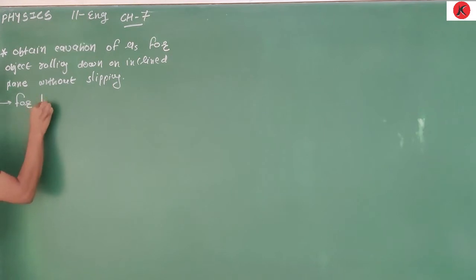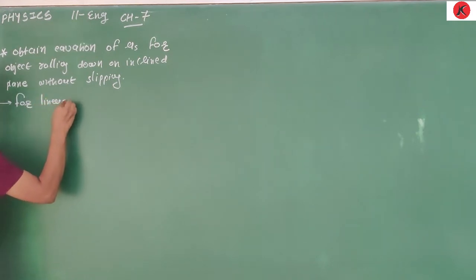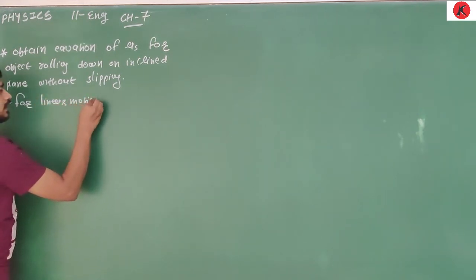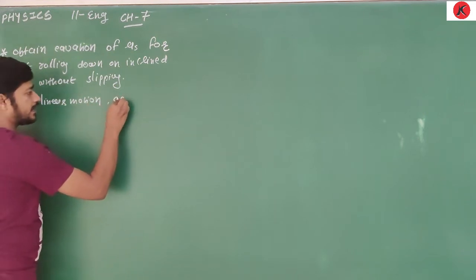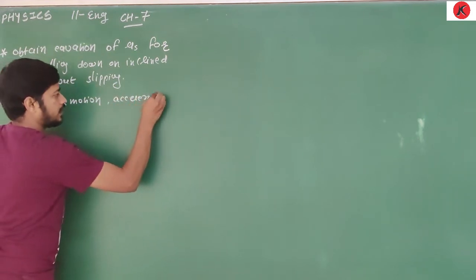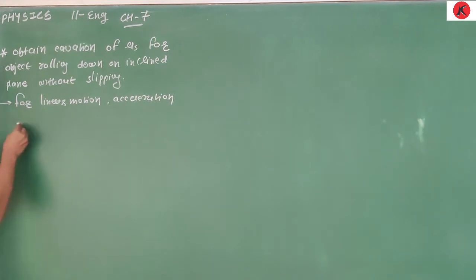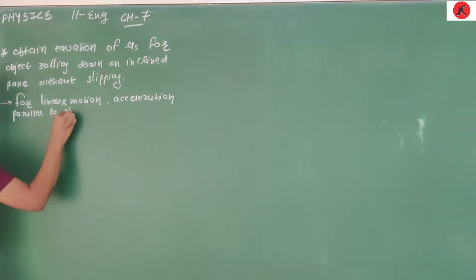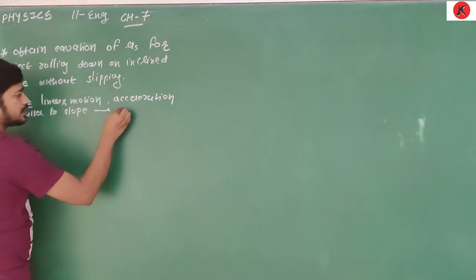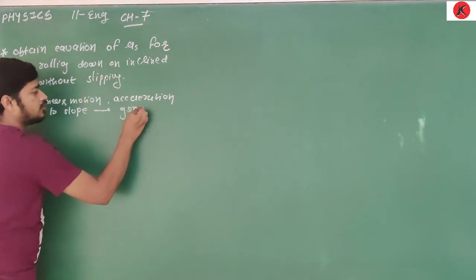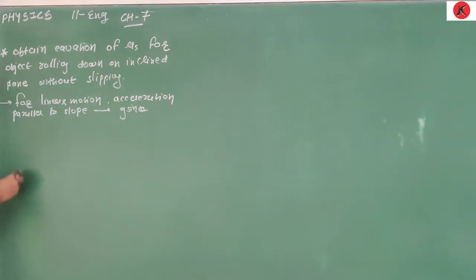for linear motion, acceleration parallel to slope is g sin theta, from chapter number 5 if you remember.